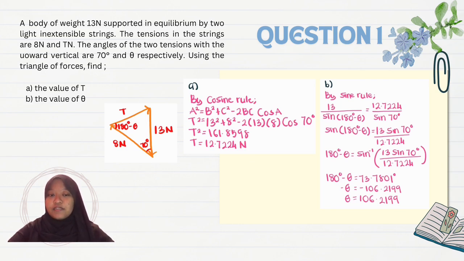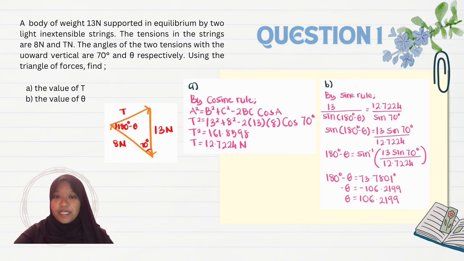Then we got the value of C squared, which is 161.8598. If we want the value of T, we square root the value that we got earlier. So we got 12.7224 units for the value of T.